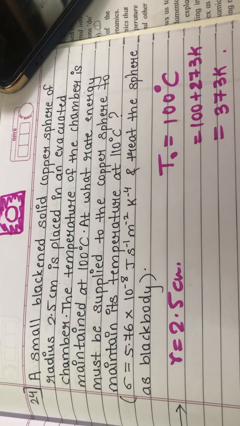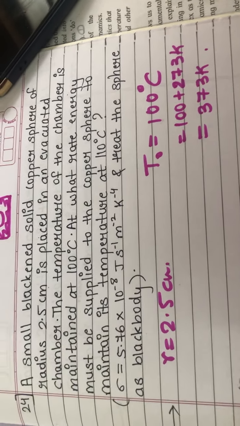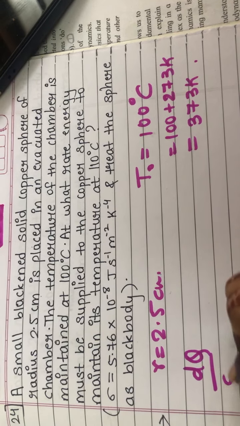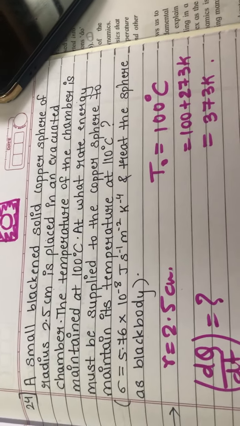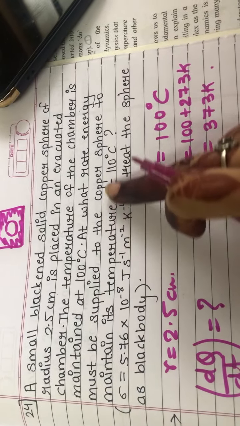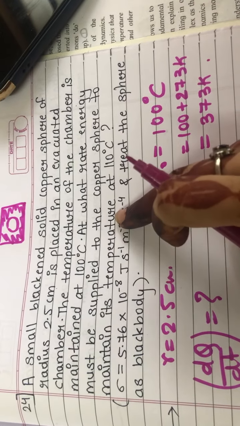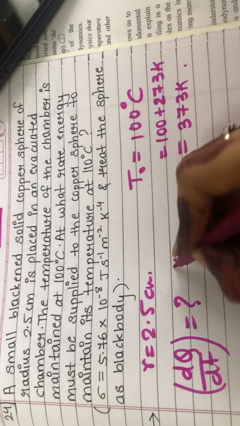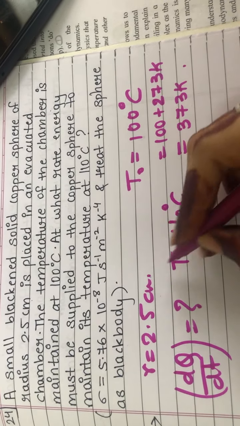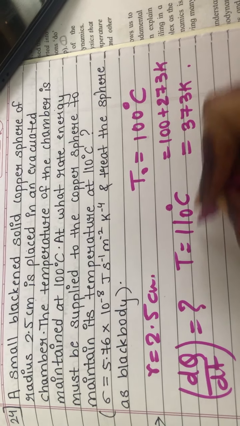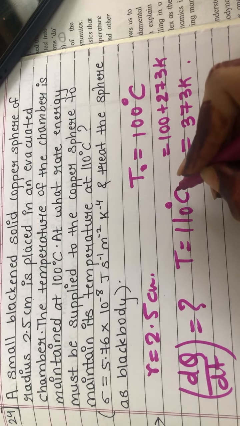After that, at what rate, means it is dQ upon dt, is asked. At what rate energy must be supplied to the copper sphere to maintain its temperature at this temperature of the sphere? We have to bring the temperature of the sphere to 110 degrees Celsius.